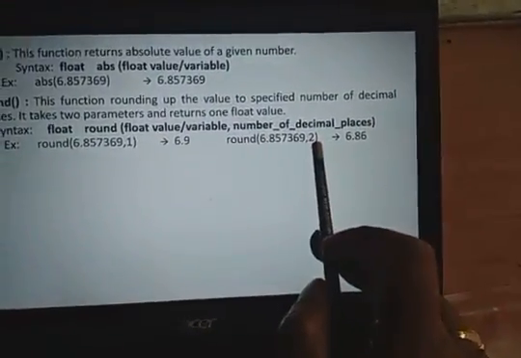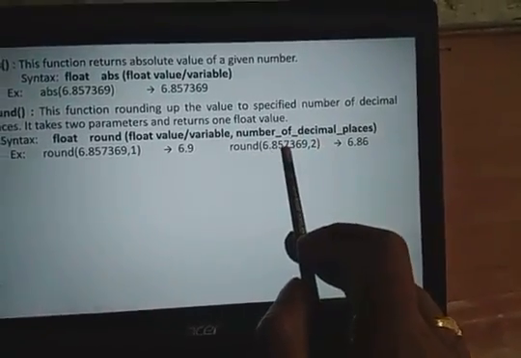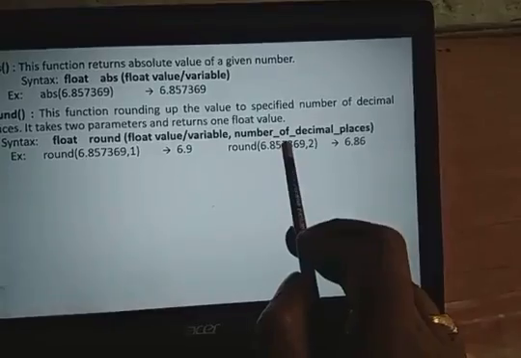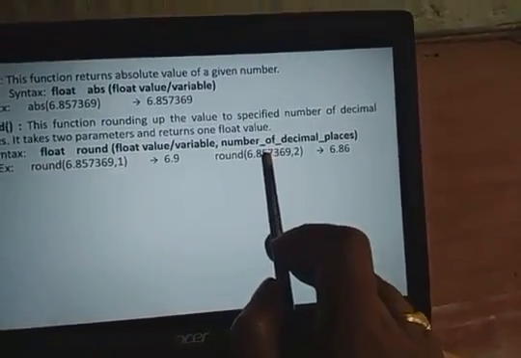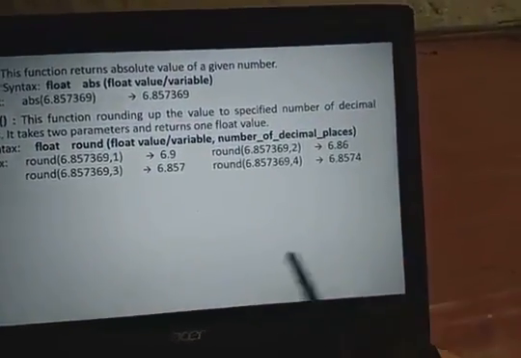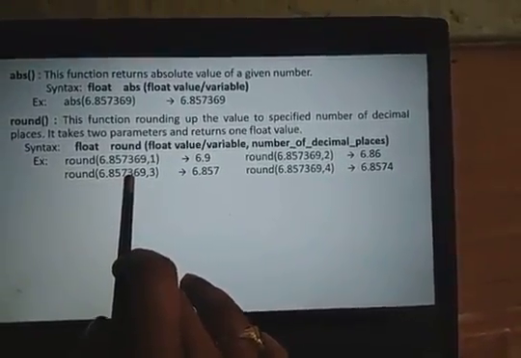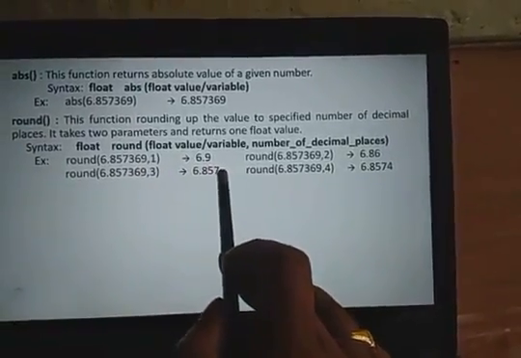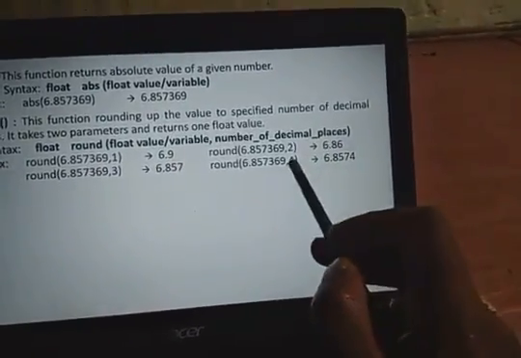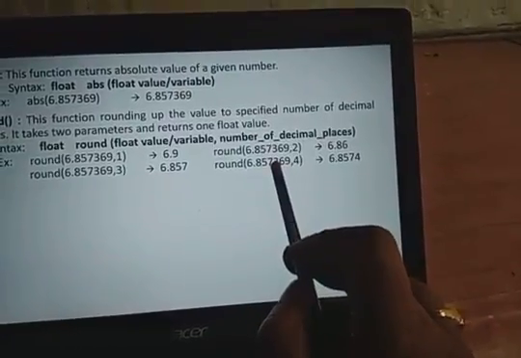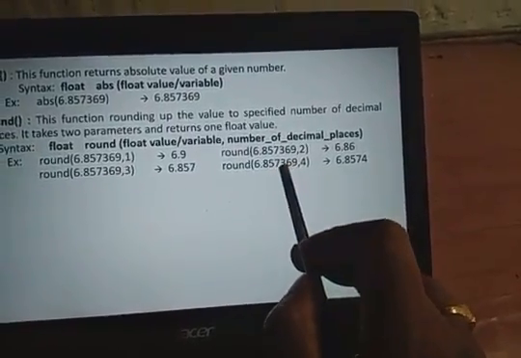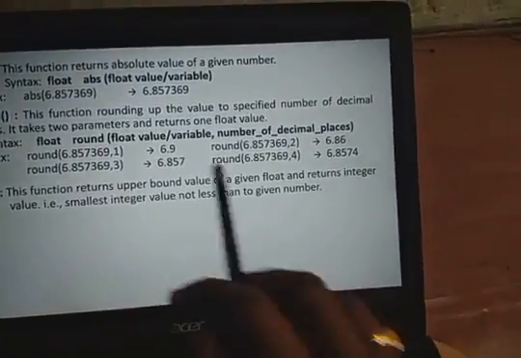Now round up to 2 decimals, the same number: 5 7, and 7 is also greater than 5, so 6.86. Rounding to 3 digits, 8 7, here 3 is less than 5, so no change. For 4 decimals, the digit 6 is available, so it becomes 4. Like that, this is the round up.